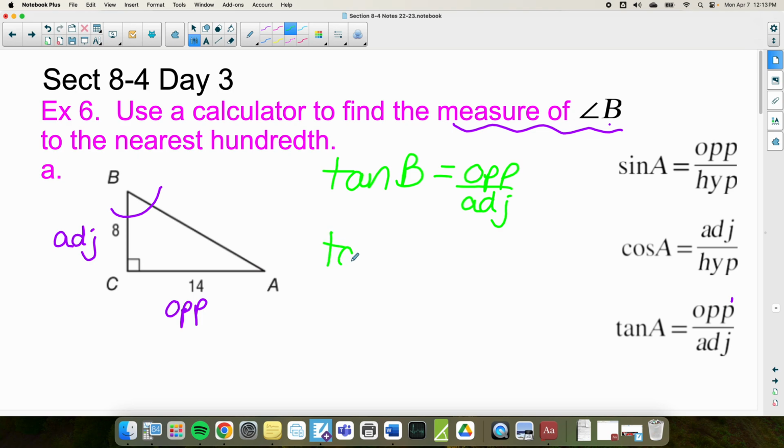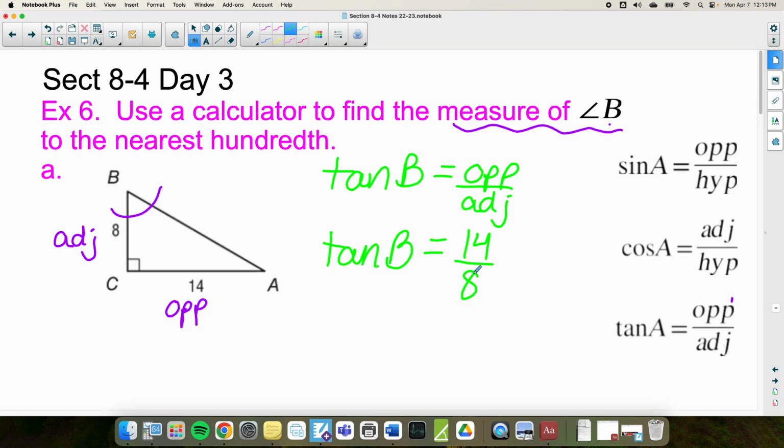And then I'm gonna substitute in what I know. Okay, so the opposite side is 14. The adjacent side is 8, okay?